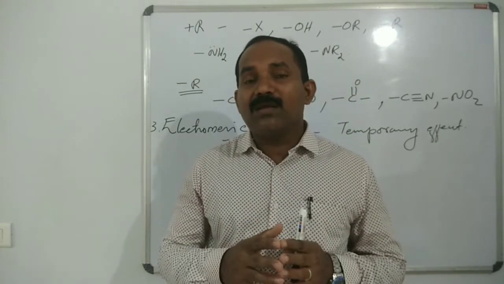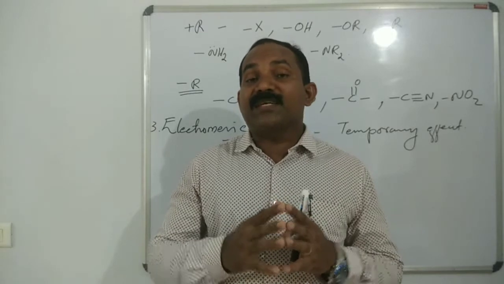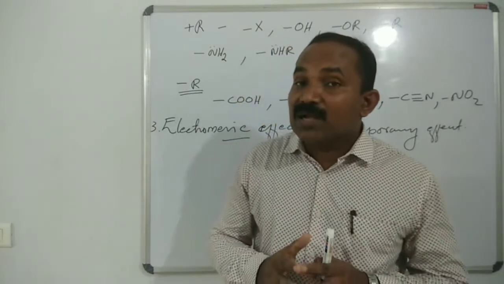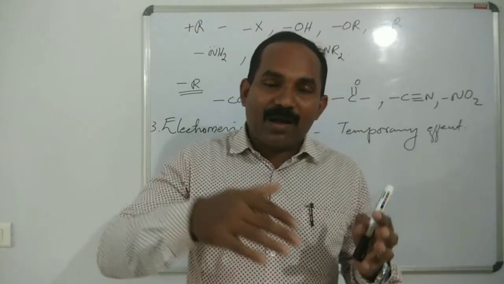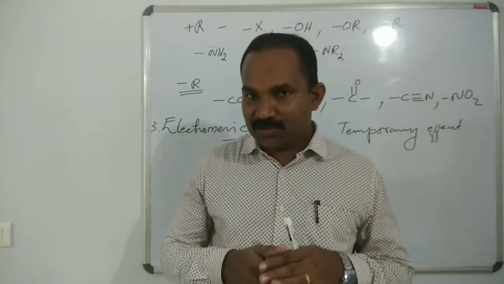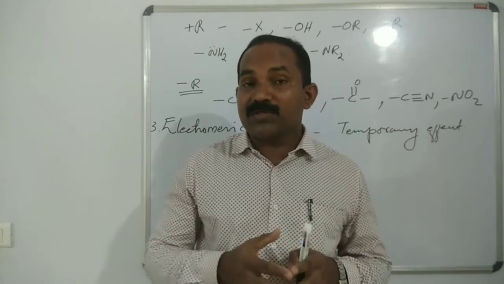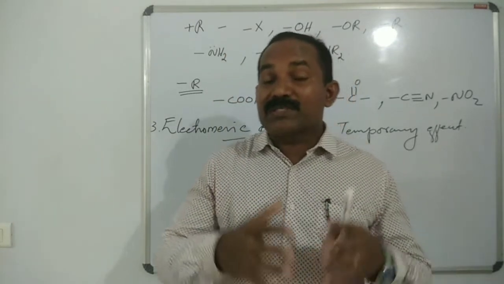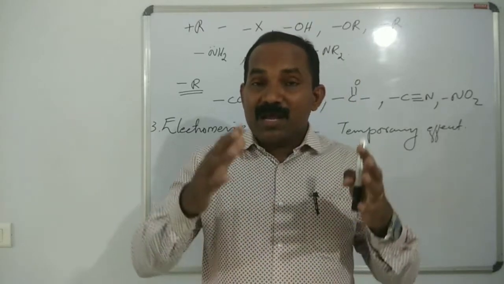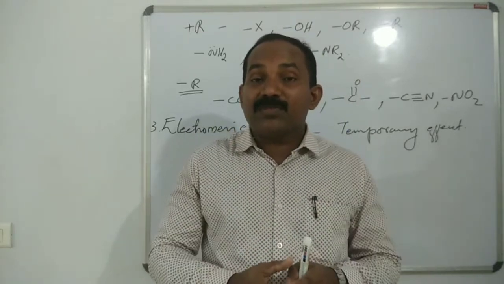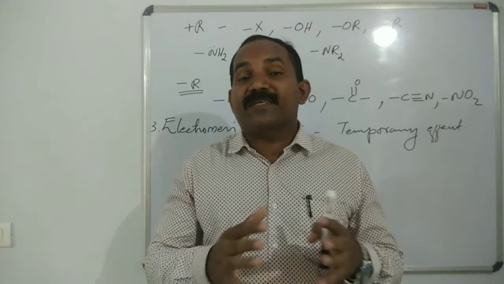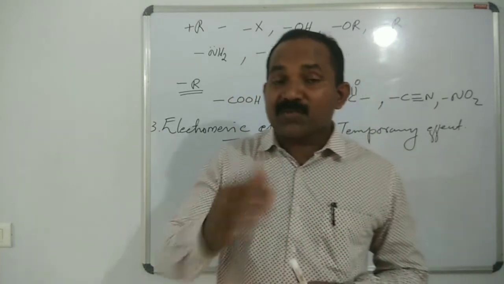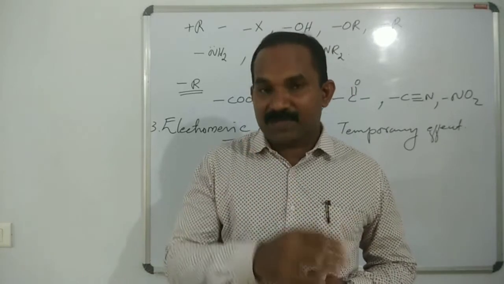When an attacking reagent comes to multiple bonds, C double bond C, C triple bond C, C double bond O, C triple bond N, like that, the electromeric effect works. That's why it is called a temporary effect.